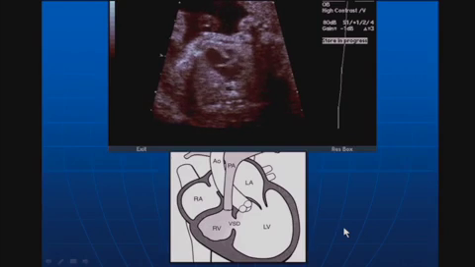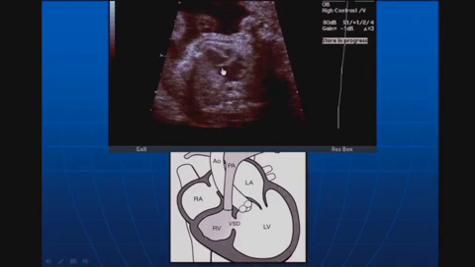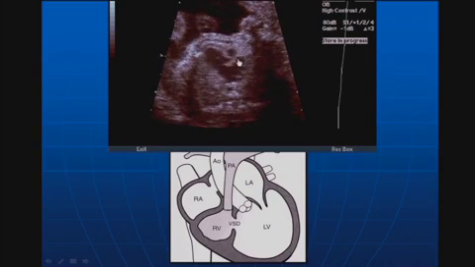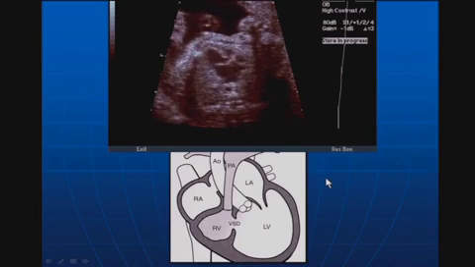We put this into motion with real time. You see nice motion here in the mitral valve, but you see no motion at all within the tricuspid valve, in this case of tricuspid atresia with a VSD.